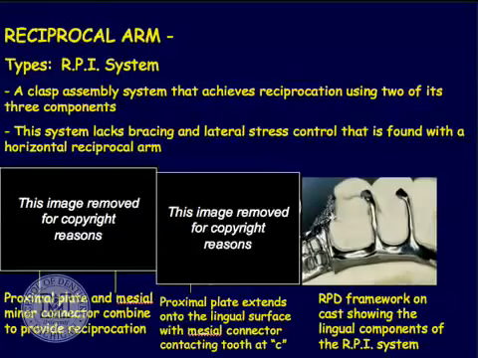Can people envision in their mind that if you try to push this tooth straight lingually, it can't move straight lingually, it bumps into this corner, and it would essentially have to rotate or roll? People follow that okay?